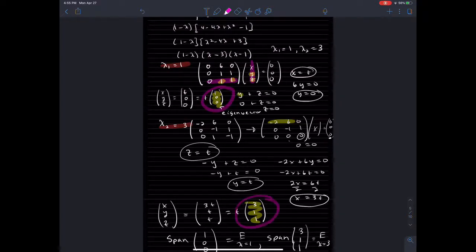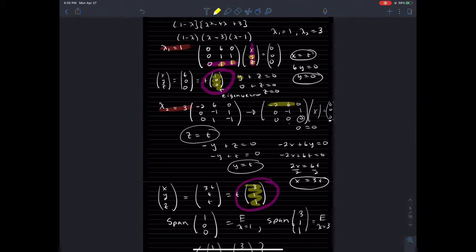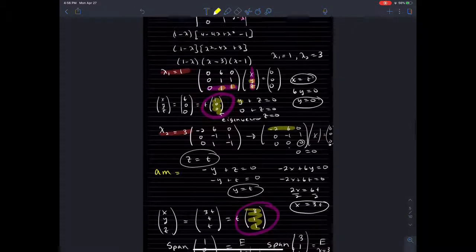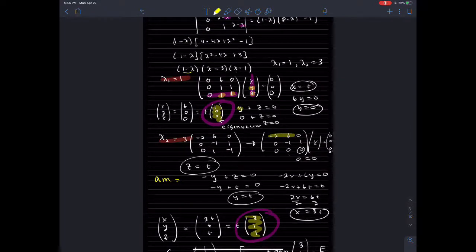So for this one, the AM for lambda equals 1, which one was double, for 1 we got 2, but the GM is, since we got 1 vector, it's 1.